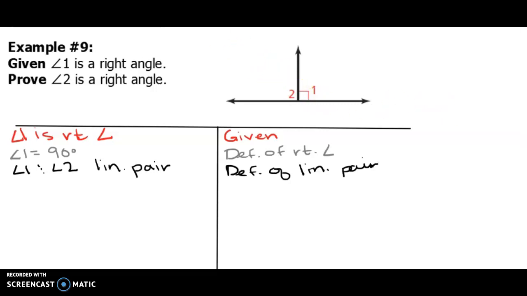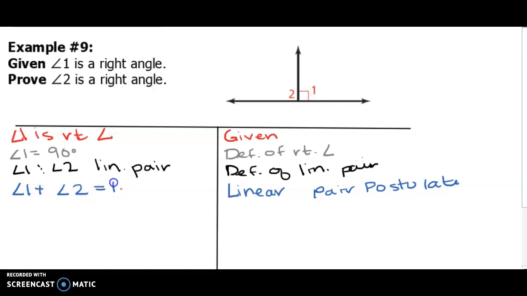And then the linear pair postulate, I'm going to go ahead and write that down, tells us that if two angles form a linear pair, then they are supplementary. So I can say angle 1 plus angle 2 equals 180. Okay, two angles that are a linear pair are supplementary. If they're supplementary, they equal 180.